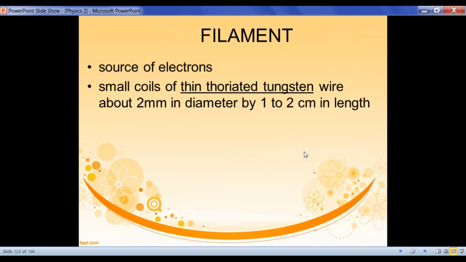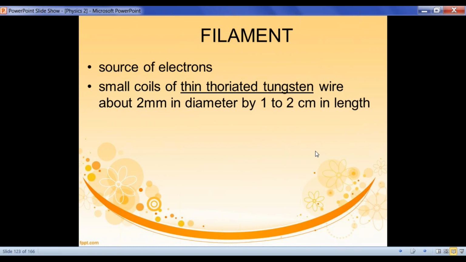So it is described as small coils of thin, so manipis lang po, thoriated tungsten wire. So kahit po manipis siya, dahil it is made of thorium and tungsten at the same time, nakakapag-withstand po siya ng tremendous amount of heat. Hindi po siya madaling ma-vaporize kahit manipis siya at maliit. Hindi rin po siya madaling matunaw dahil po sa element na tungsten.